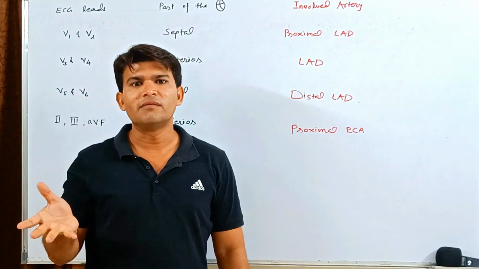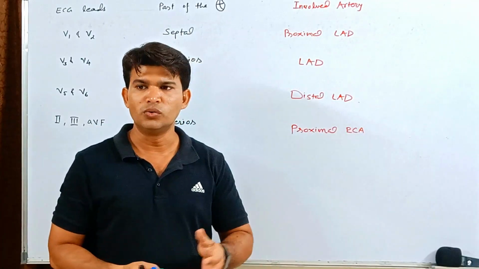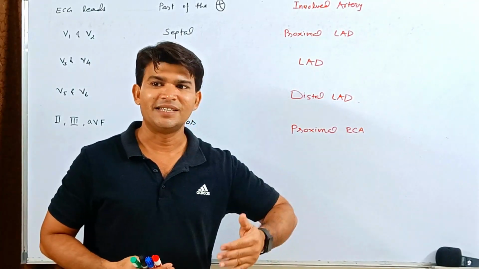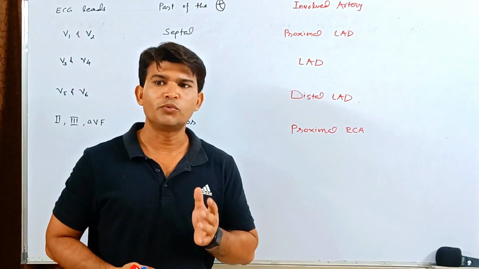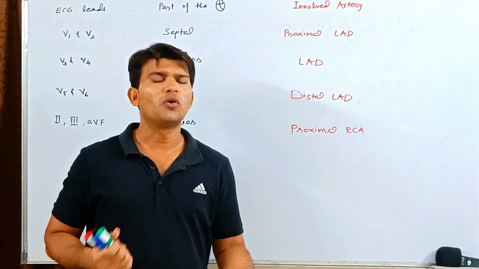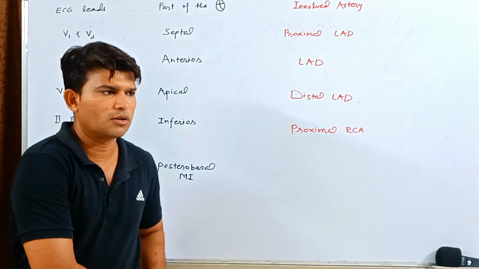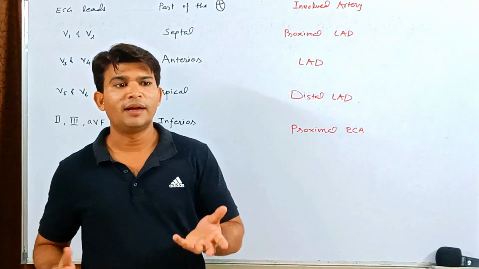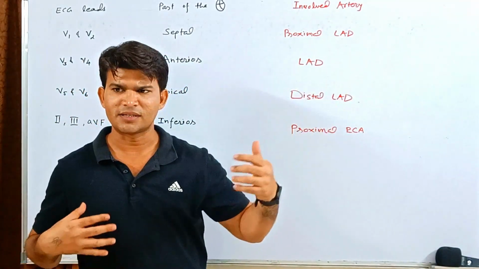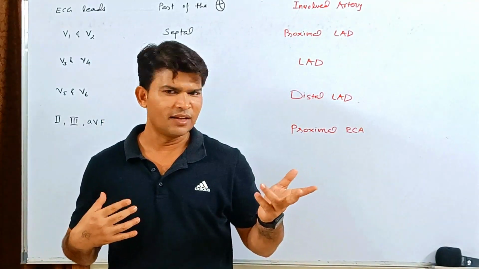So the patient has typical signs and symptoms of a cardiac event, and you do an ECG and it shows ST segment depression in V1, V2. Then it's a sign of posterior wall MI. If you are not sure, you put additional leads that we have discussed, that is V7, V8 and V9.